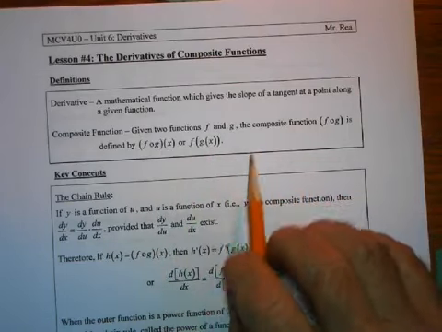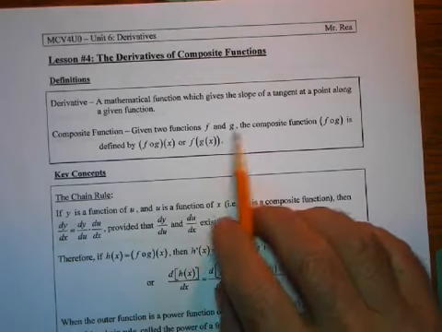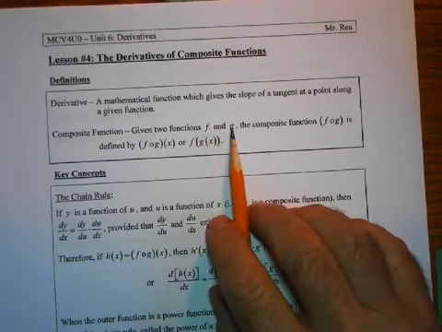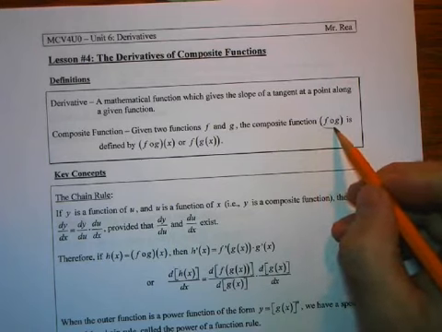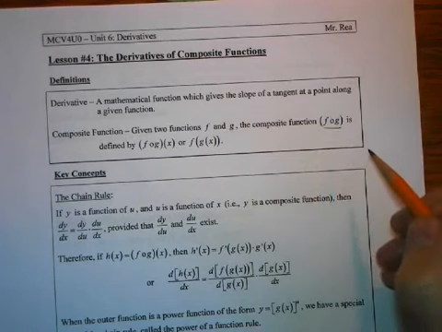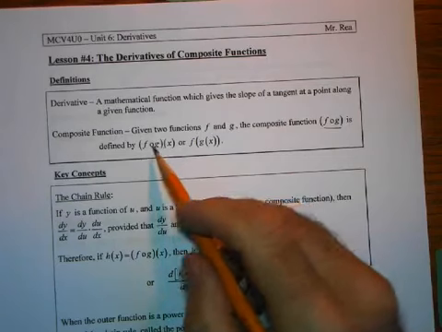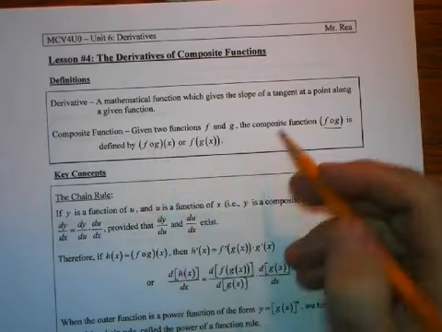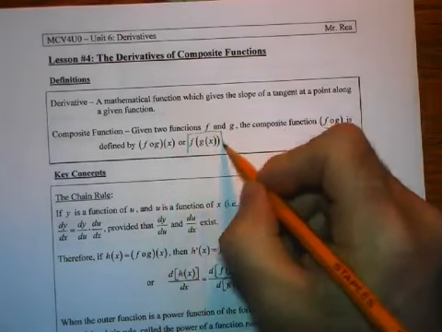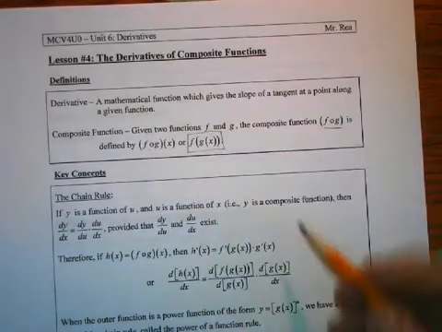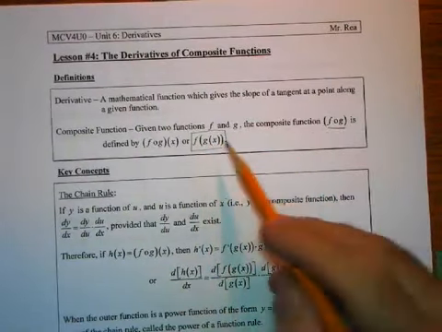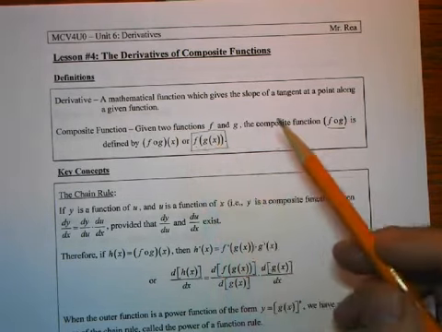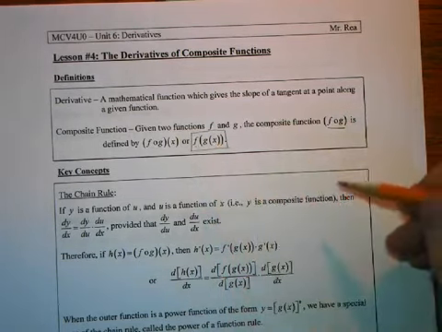We could say a composite function if we have two functions f and g, we could refer to it as f of g, or this f of g of x. The terminology I prefer is f of g of x. So we talk about g of x as being the inside function and f as being the outside function.